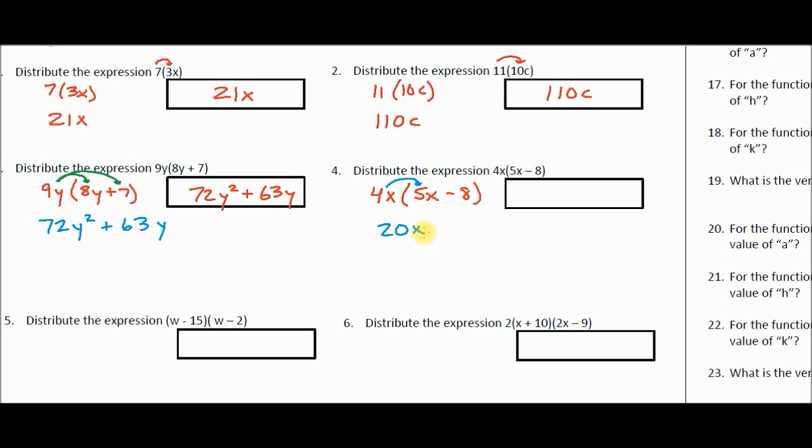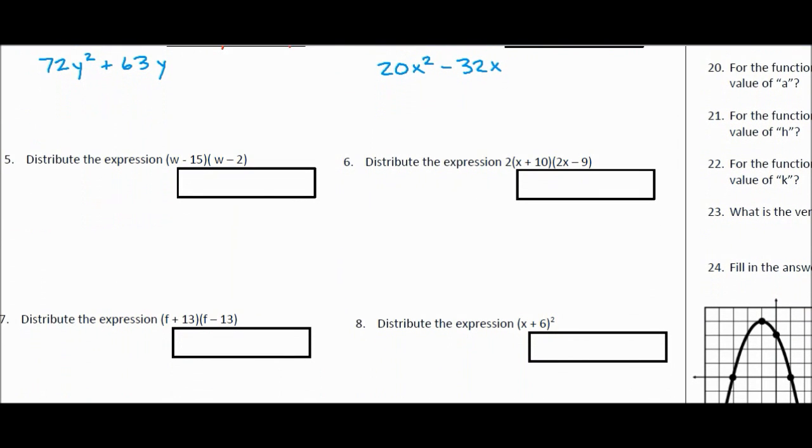X times x is x squared. And then we're going to multiply the 4x times the negative 8. 4 times negative 8 is now negative 32. And the x in this case has nothing to multiply with it, so it just remains as x. So the answer here is 20x squared minus 32x.